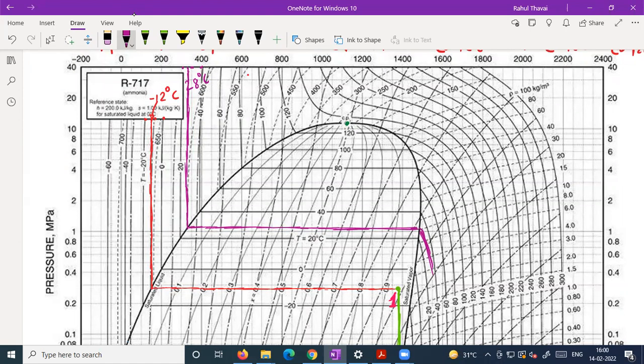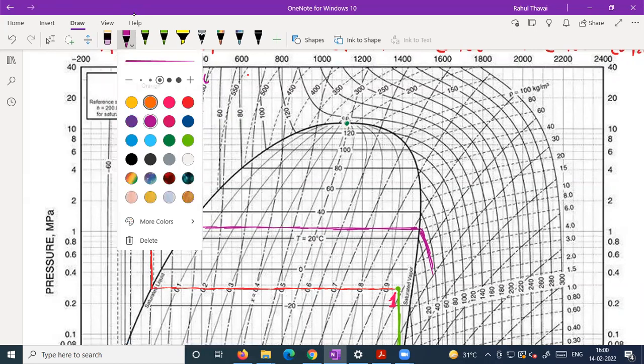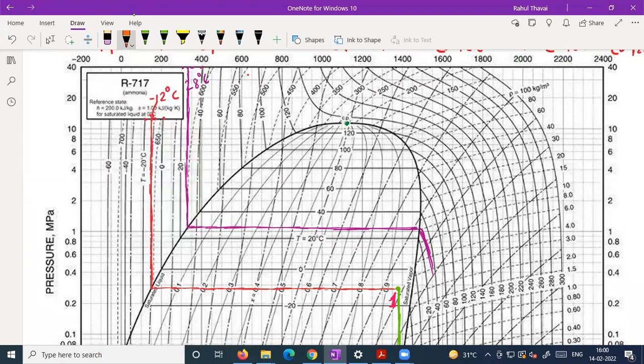Now we should get point number 2, right? How to get point number 2? All of you now try to understand. What we have done is simply draw the 28 degrees Celsius line like this. Now, from point number 1, one line is going below and one line is going above, and these above and below lines are constant entropy lines.